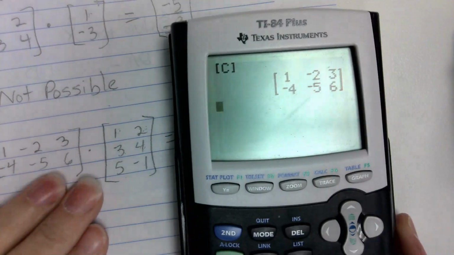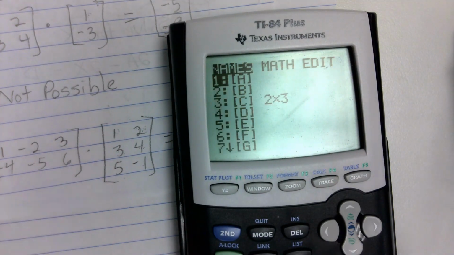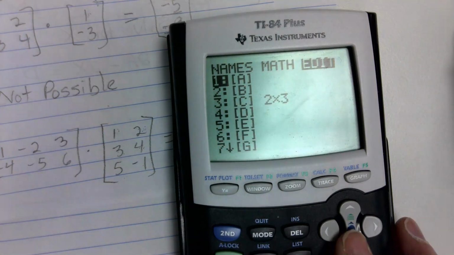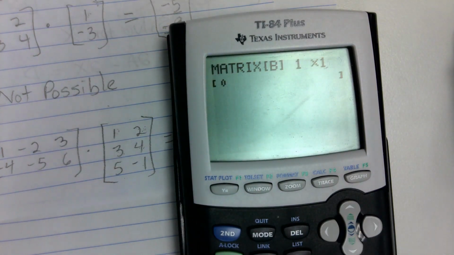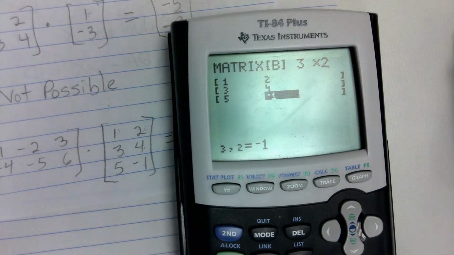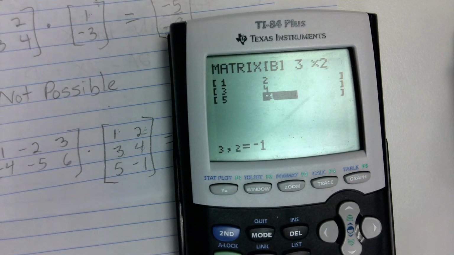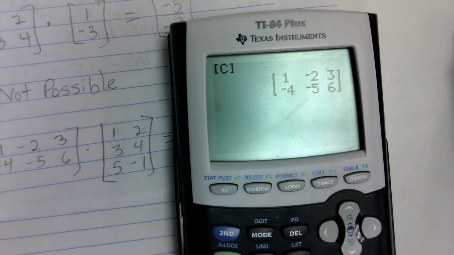My matrix B: go back to the matrix, edit, arrow down to B. It was a 3 by 2. 1, 2, 3, 4, 5, negative 1. I feel good about that one. So I'm just going to quit. Now I already have matrix C on there, times matrix B.